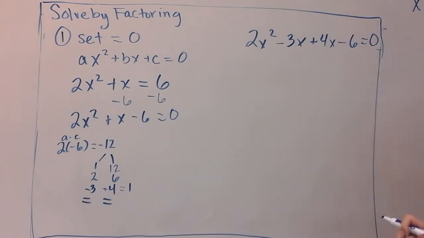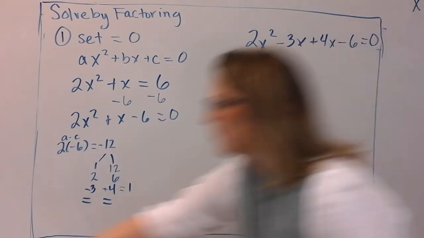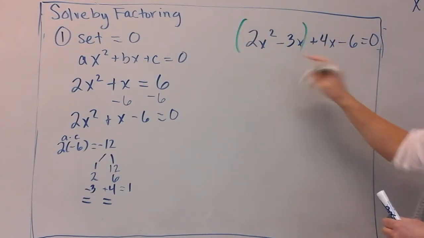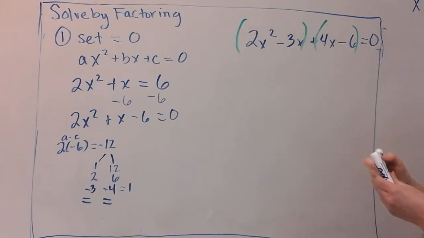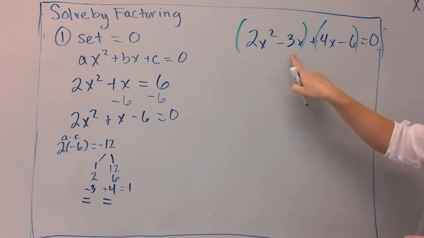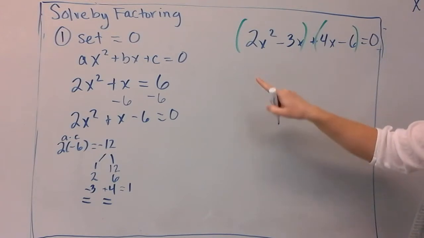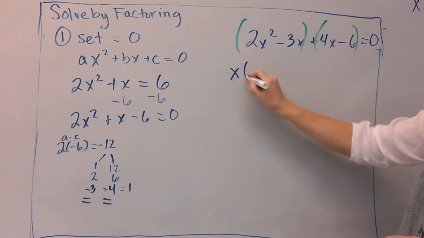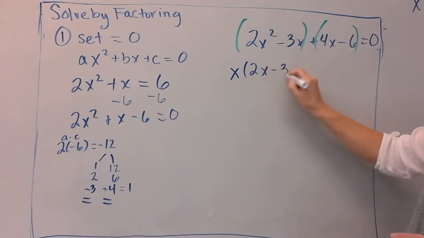And then what you do is you break it into groups. You're going to factor by grouping. So I'm going to put parentheses around the first two terms, parentheses around the last two terms, and you factor each group. 2x squared and negative 3x have an x in common, so I'm going to take the greatest common factor from each term, so an x can come out. I get 2x minus 3.